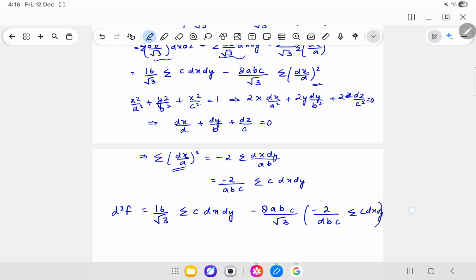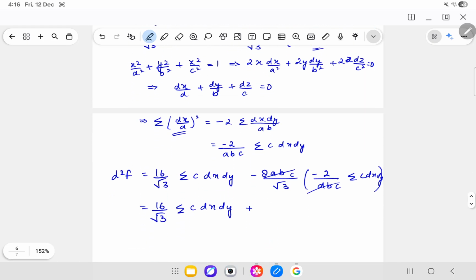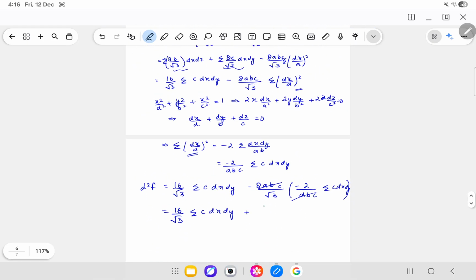So this simplifies to this. abc balances this one, so it will be 16 by square root of 3 summation c dx dy plus 16 by square root of 3 summation c dx dy.